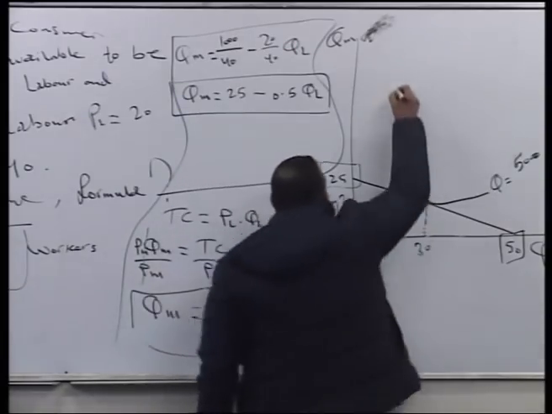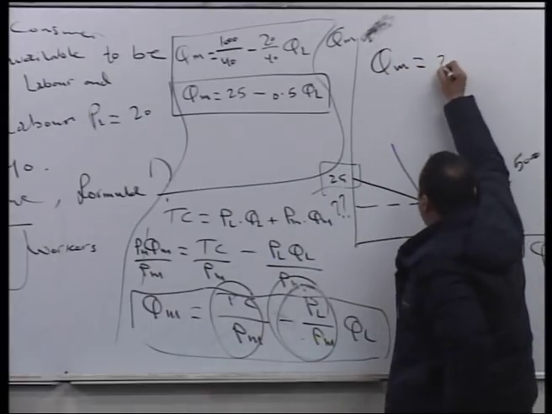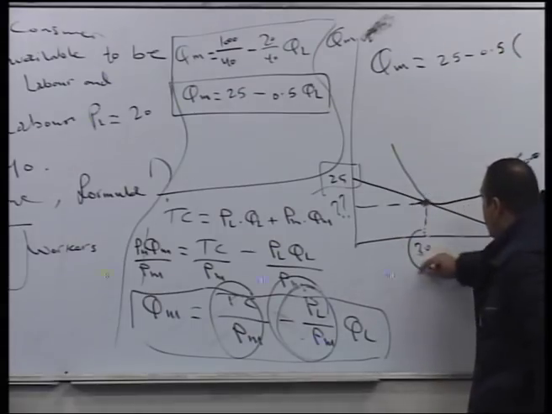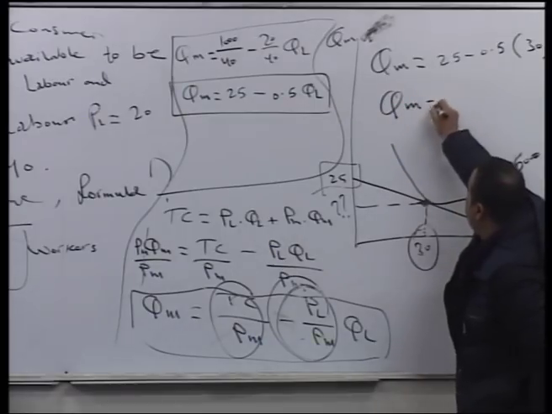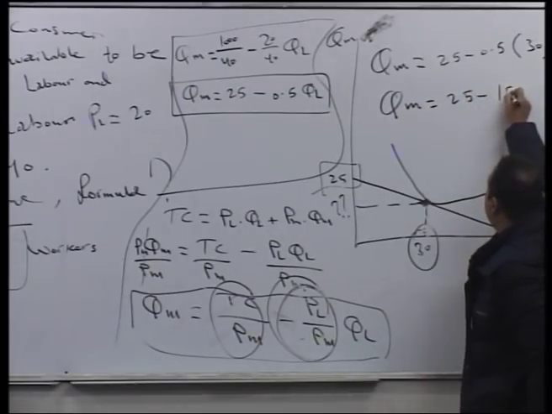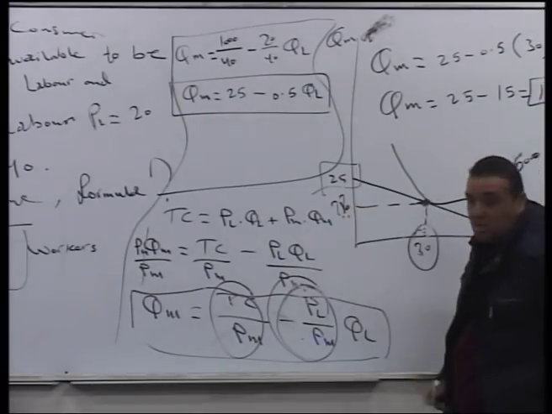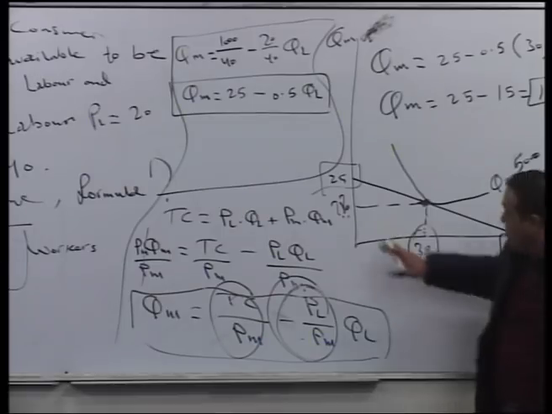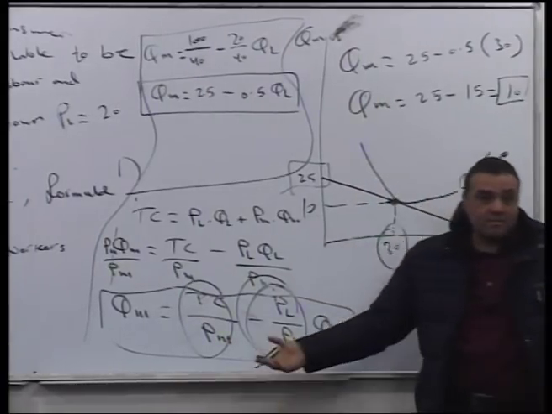Okay. So QM equals 25 minus half times QL, 30. So QM equals 25 minus 15 equals 10. So in this case, we should buy 10 machines. That's it.